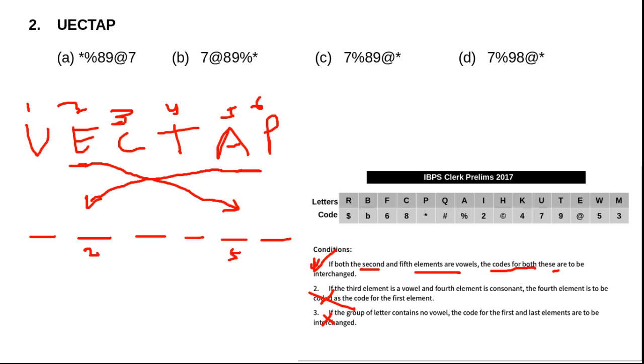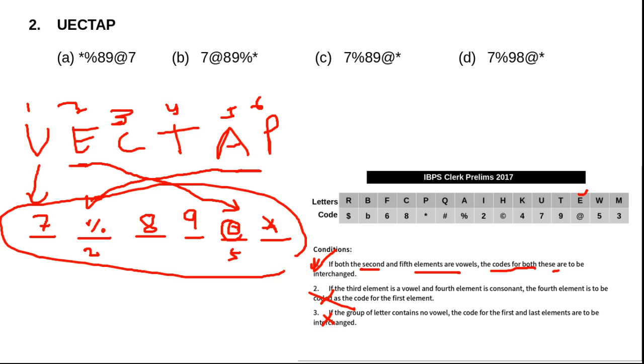The code of A is %, and the code of E is @, and for the others you write the same codes: U is 7, C is 8, T is 9, and for the last one, star.